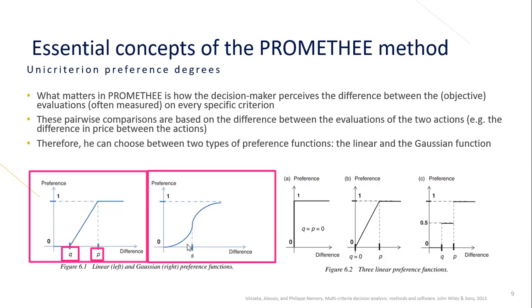However, for the Gaussian function, you only have one threshold. Here we represent it with the letter S, called the inflection point. Before this point, the preference will be one thing, and after that point, another. So first, you need to know there are two functions, linear and Gaussian.